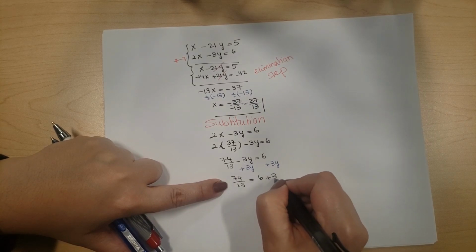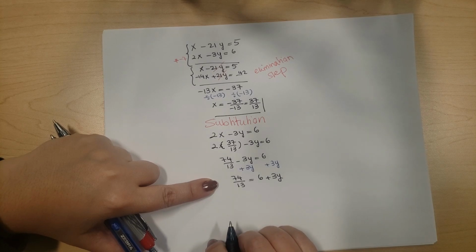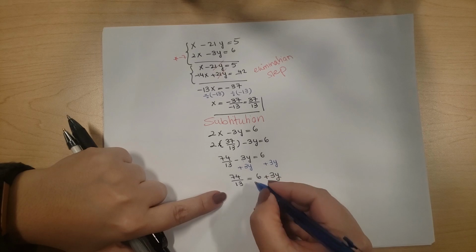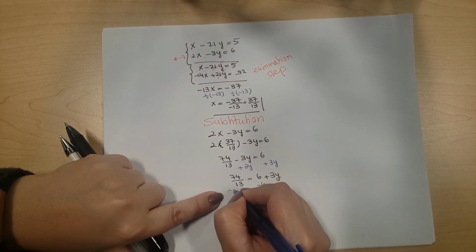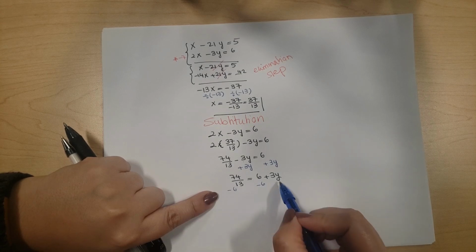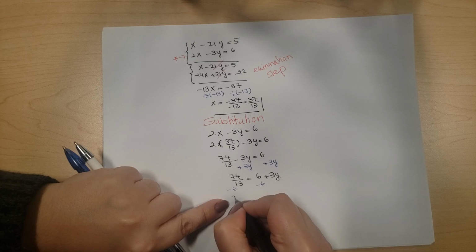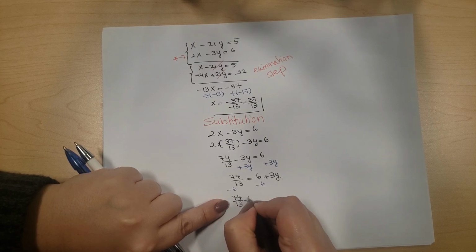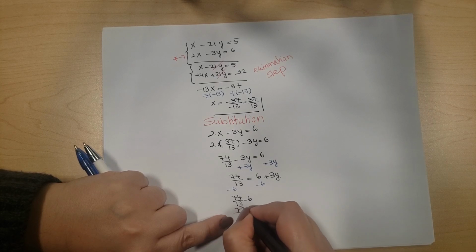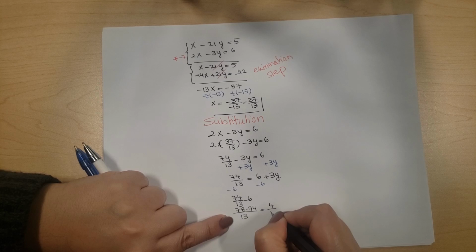So this time the y will be shifted to the other side, and it's perfectly okay. In the next step, I add negative 6 to both sides to get rid of this 6 because I want to isolate the y. So 78 minus 74, that would be 4/13.